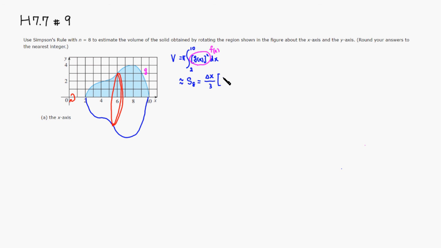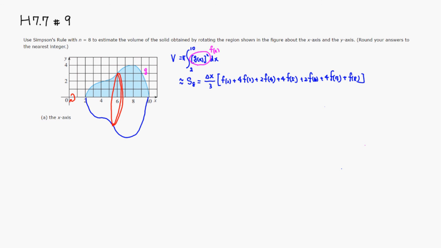So you have f of 2, starting from 2, and then 4 times f of 3 plus 2 times f of 4 plus 4 times f of 5 plus 2 times f of 6 plus 4 times f of 7, and the last one is f of 8.